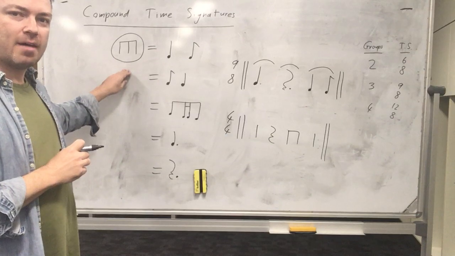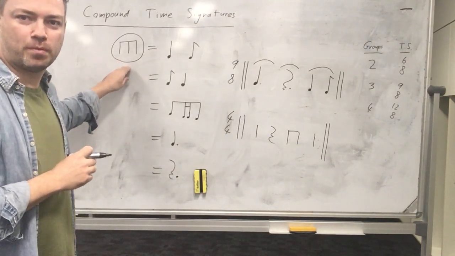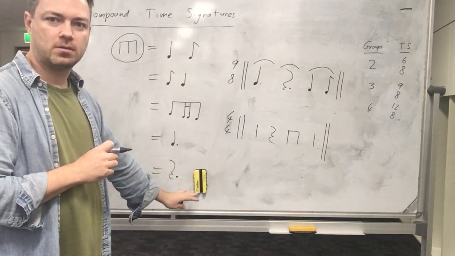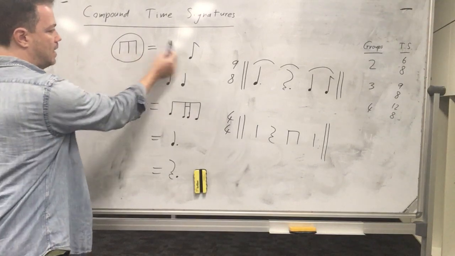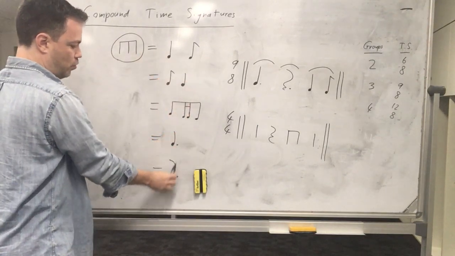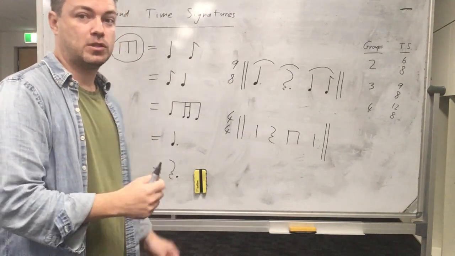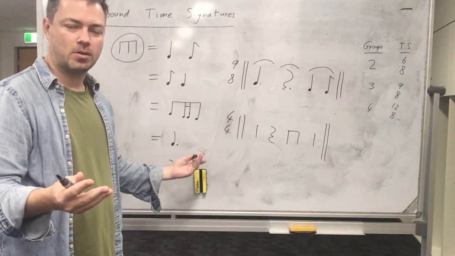It's not always going to have that there, but it's fairly common. And if it doesn't have a group of 3 quavers, it'll have one of our other common groupings for 3 quavers. So if you see any of these groups, especially if you have several of those groups, it's more than likely a compound time signature.